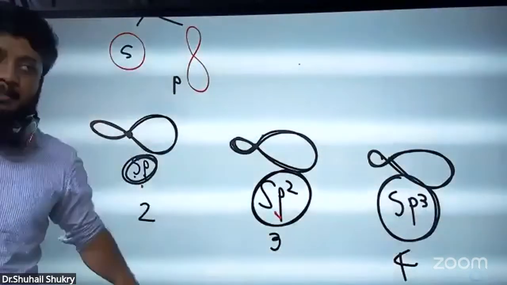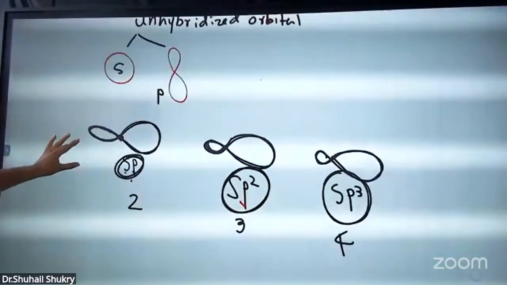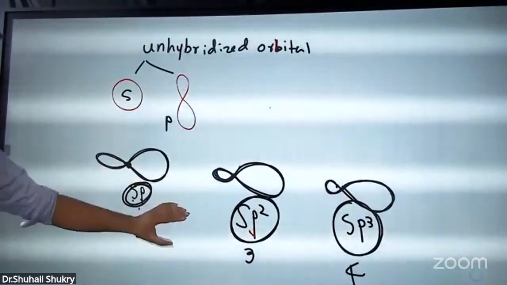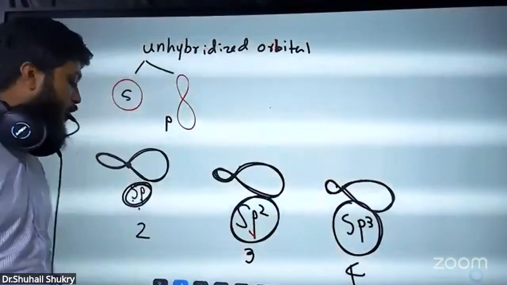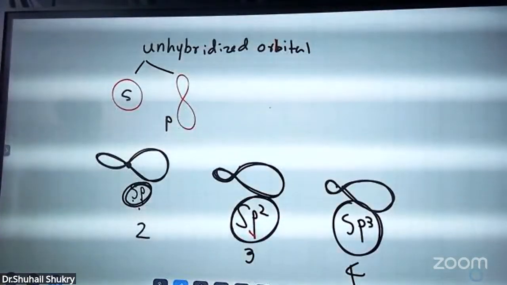So actually, we don't give that much importance to these things, but it is just to know this, because you should know sp3 hybridization and all properly. Today's main topic is with this hybridization, we are going to see the molecular shapes.